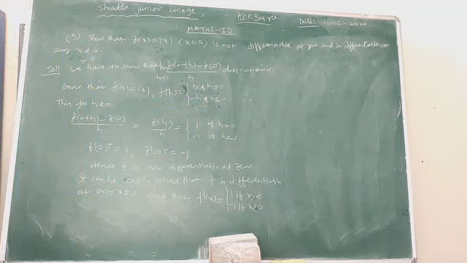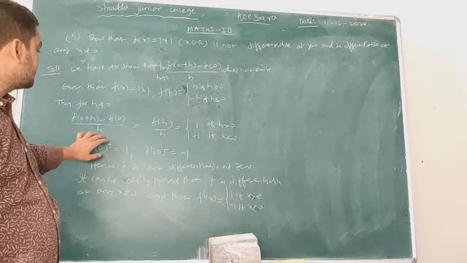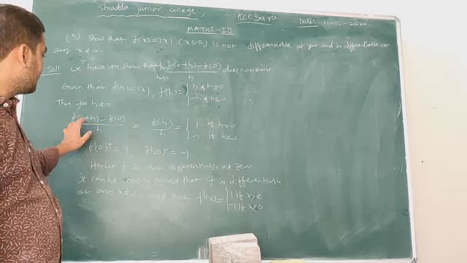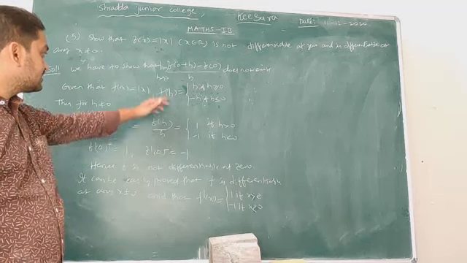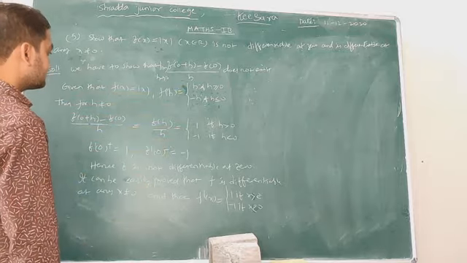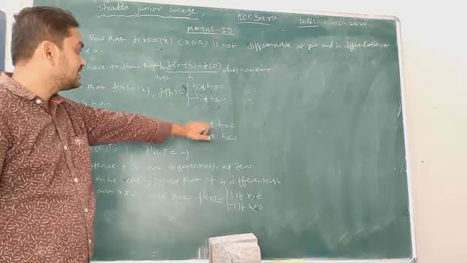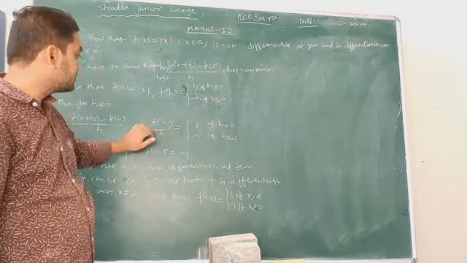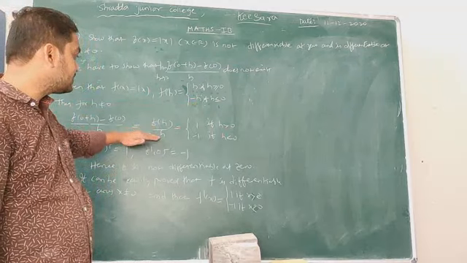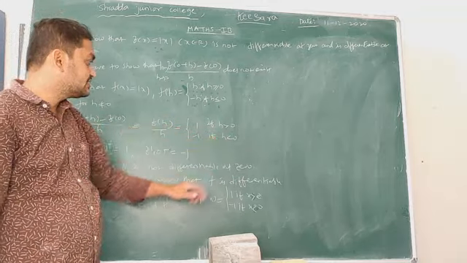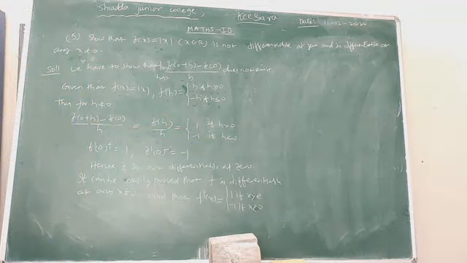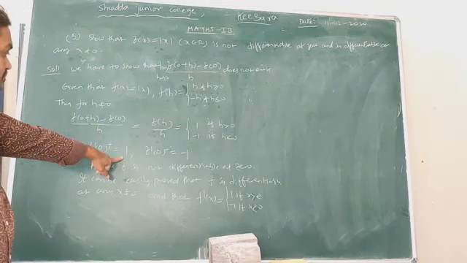So now, f of 0 plus h minus f of 0 by h equals f of h by h. Now f of h equals h, and h by h is 1 if h is greater than 0. And f of h equals minus h, so minus h by h, h gets cancelled, giving minus 1 if h is less than 0. Now f dash of 0 plus, the right hand limit, equals 1.